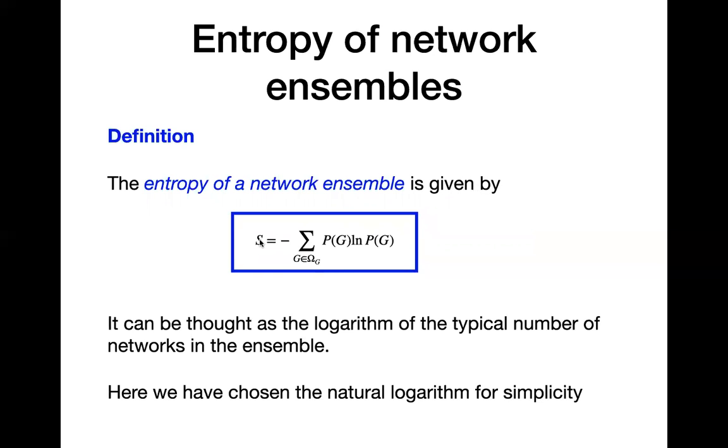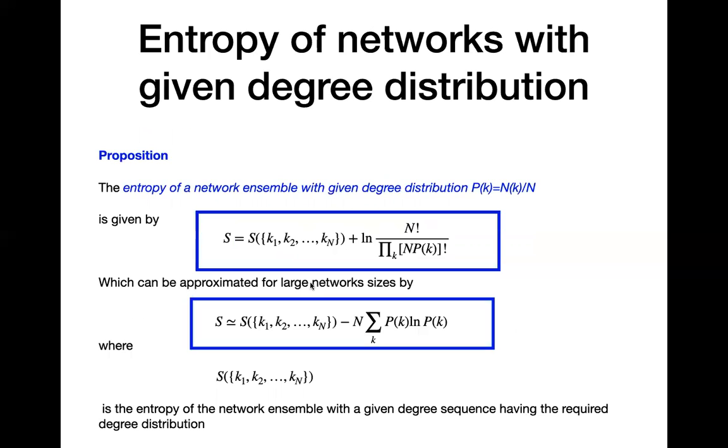The maximum entropy ensemble maximizes the entropy given a set of constraints. Here I want to express the entropy of a network ensemble in which we consider a given degree distribution.